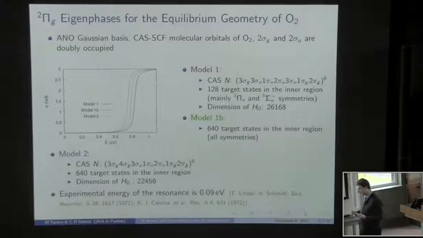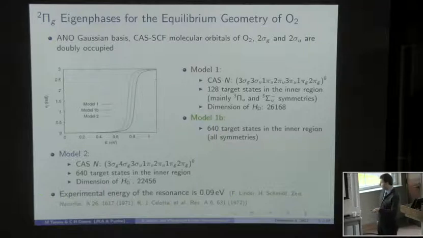So the idea was to somehow have a better representation of this polarization effect. And we clearly see here the resonance behavior around 0.8 eV. However, the experimental value for this resonance is around 90 milli eV above the threshold.